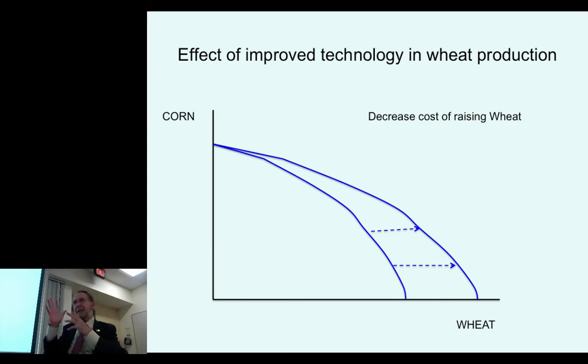If more wheat is now being grown per acre, what is true about the amount of wheat you're giving up for each unit of corn? It's larger, good. And so this technological change, while it lowers the cost of growing wheat, which is obvious, raises the cost of growing corn. Everybody see it? Because it's an opportunity cost, right? If you plant corn, you're giving up wheat. If you can now have more wheat, then you're giving up more.